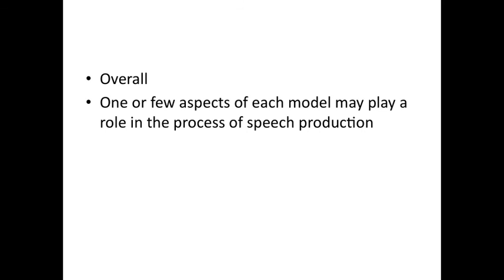And if a certain area is affected, we will know in the disordered population what kind of errors to expect. And then in sum, we said that one model cannot explain everything. We have to consider overall and take different parts of different models to help us understand the process of speech production.